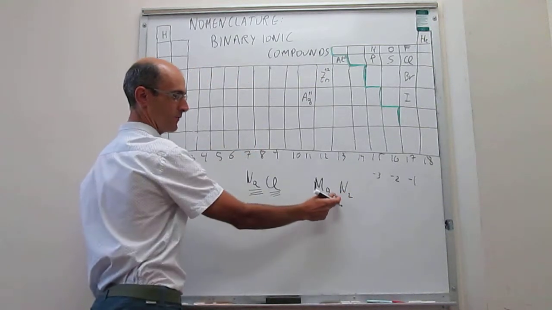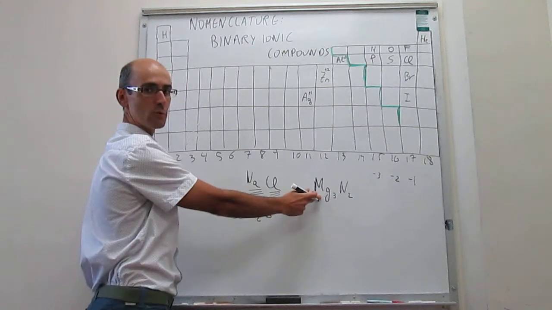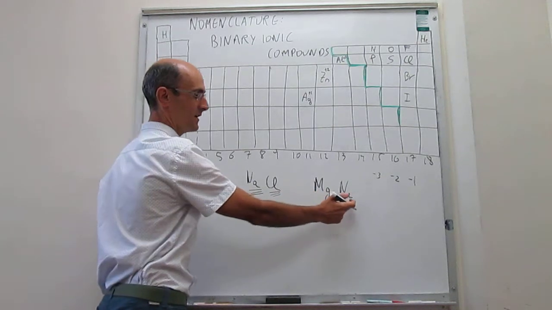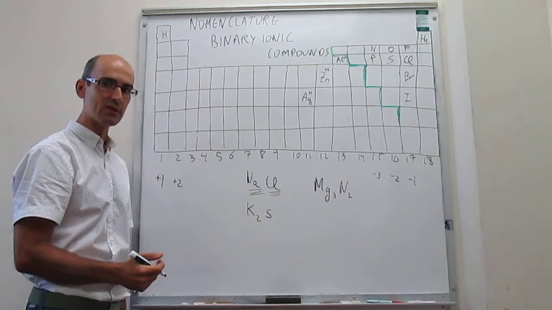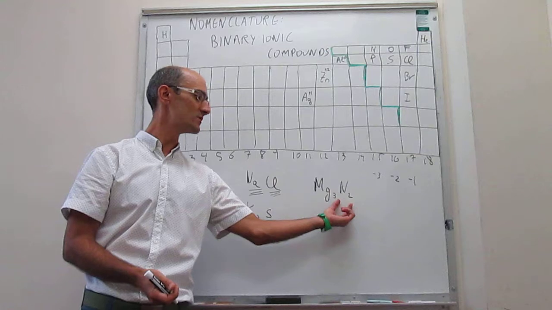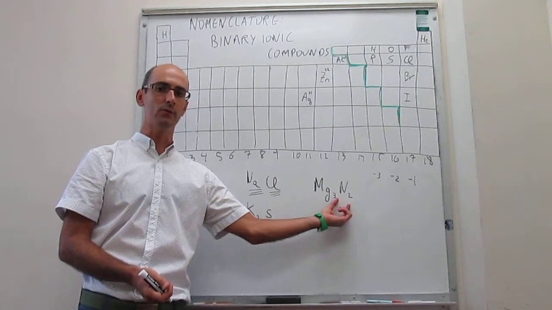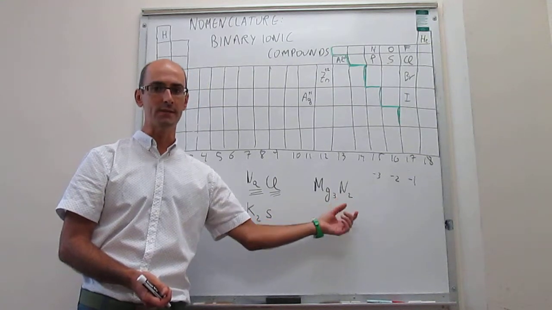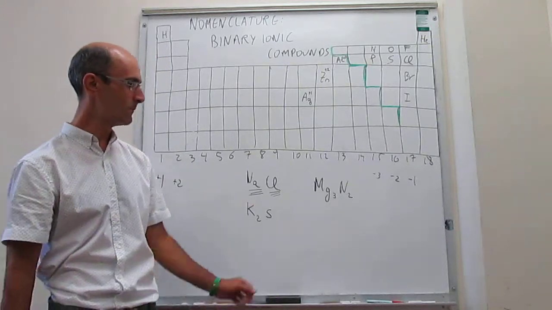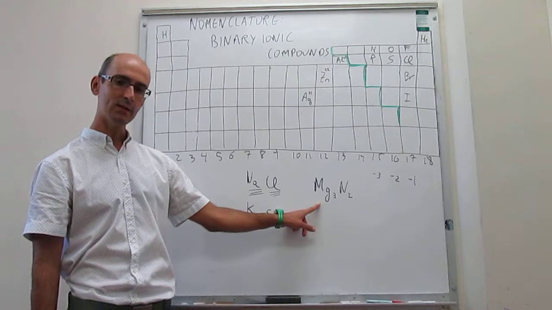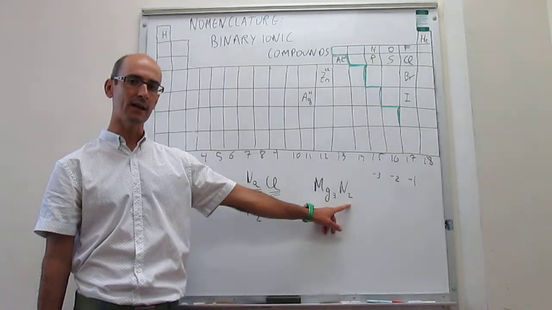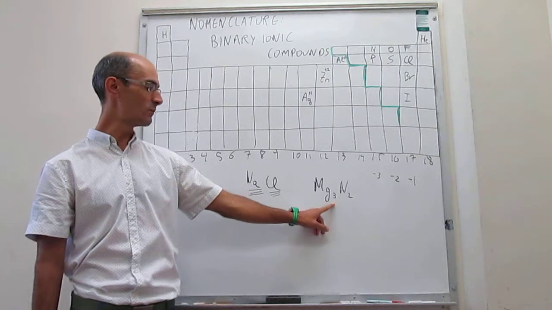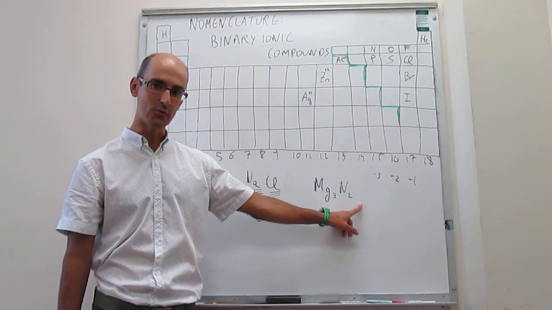Notice that 3 multiplied by +2 is a +6 charge, and 2 multiplied by -3 is a -6 charge. That is the simplest combination of whole numbers that gives you an electrically neutral species. How do we name this compound? Again, we start first with the cation, which is magnesium, with no change to that name. Then we finish with the anion, and add "ide" to the end. So it will be magnesium nitride.